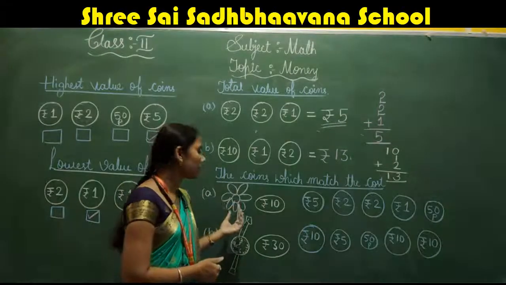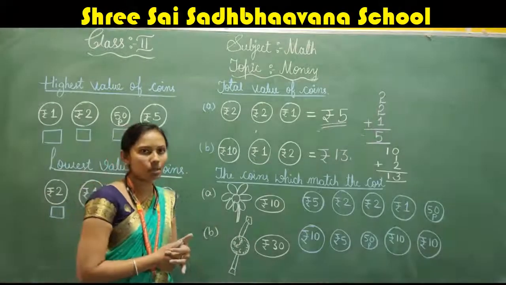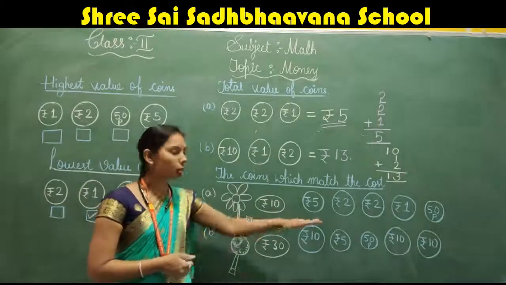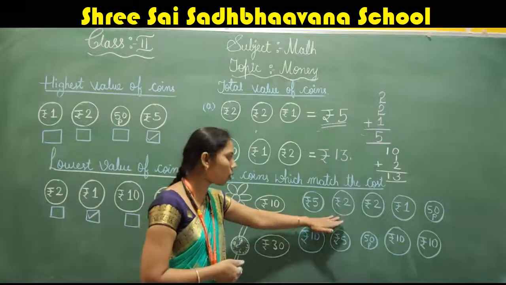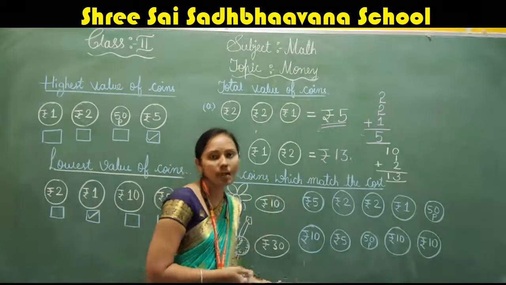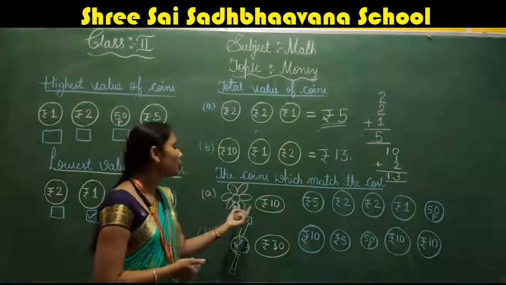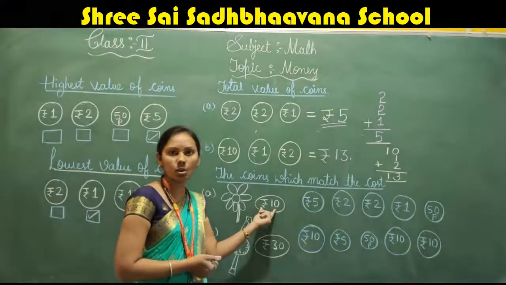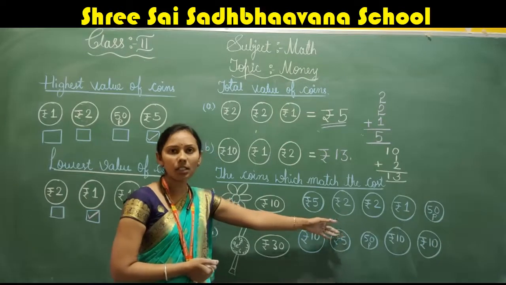Now let us take the coins which match the cost of the toys. Think that you went to some shop to purchase toys. So you have the amount with you as shown here. These are the coins which you have with you. You went to buy some toys in the toy shop. Just to match this cost, you want to pay the money.